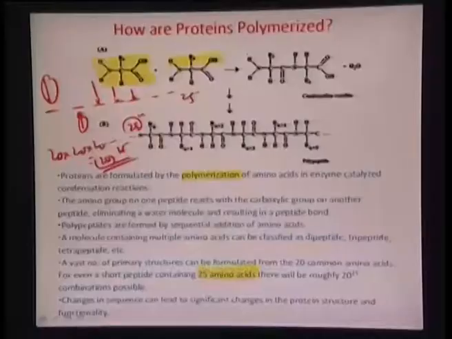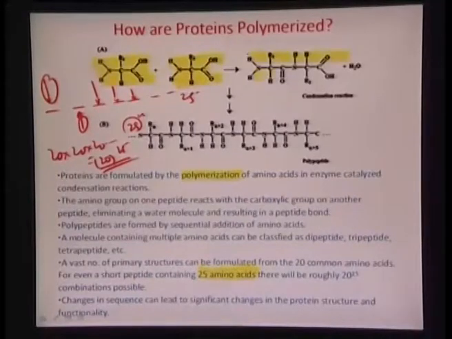Here in this illustration it pretty much shows how this is done. You have two amino acids here, and then there is an enzyme which would convert this, and there is a condensation reaction. A H2O molecule is eliminated, and you can have polypeptide chains like these, wherein you have several peptide linkages and more than one amino acid.